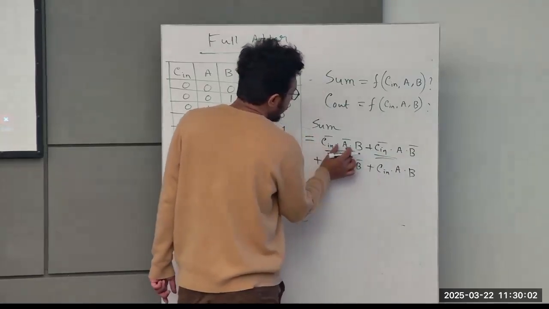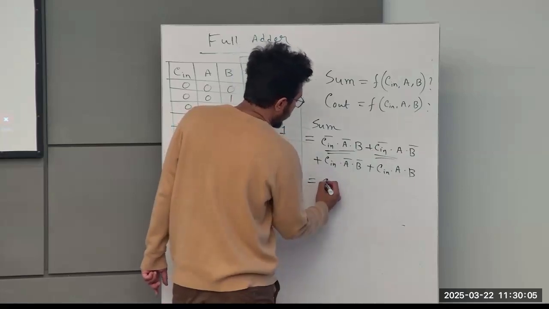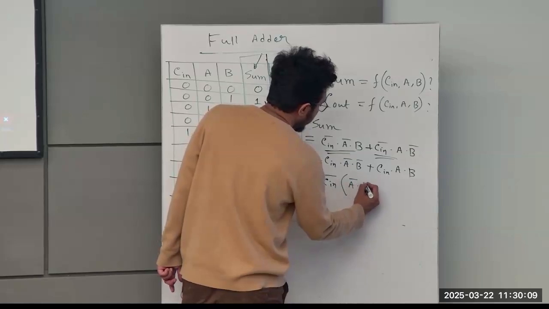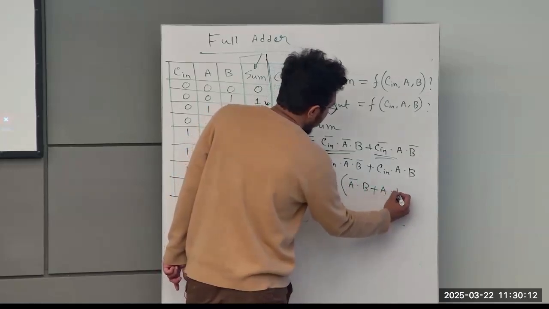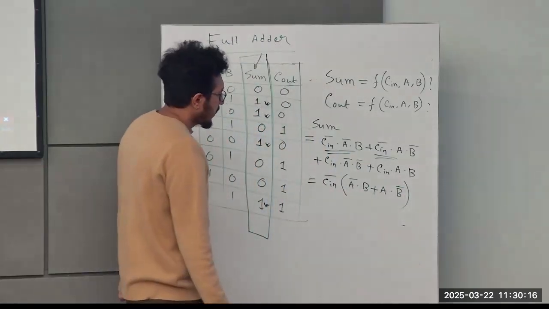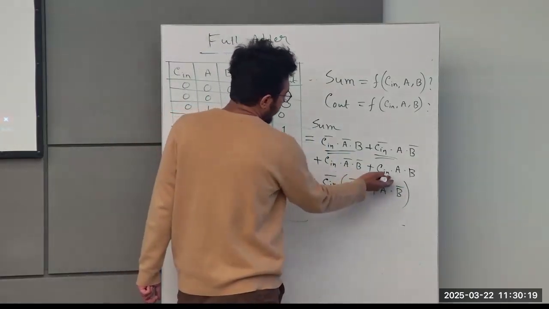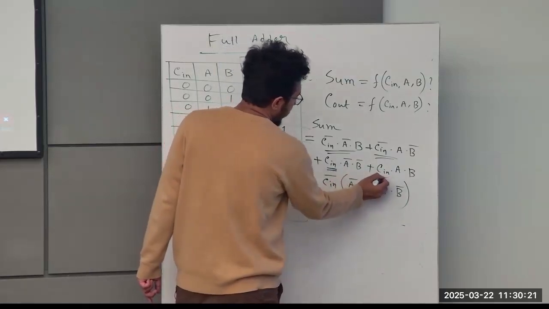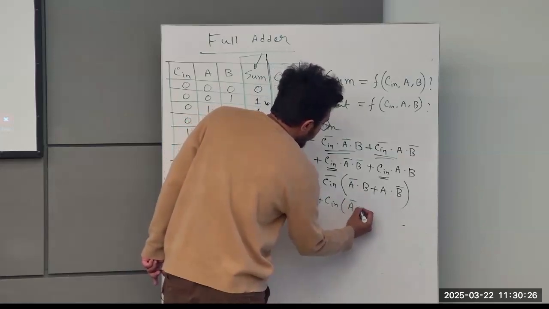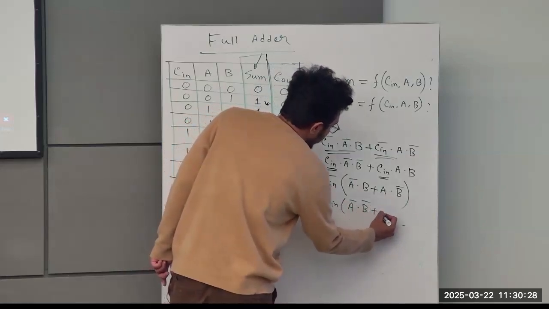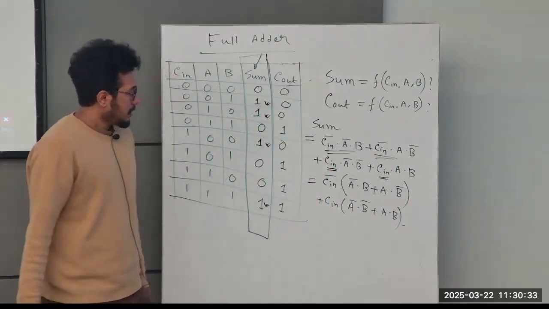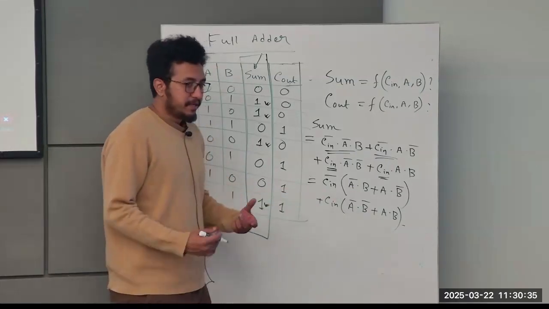We have C in naught as common, then we have A naught B plus A B naught. Similarly, for the third and fourth terms, we have C in as common, then we have A naught B naught plus A B.